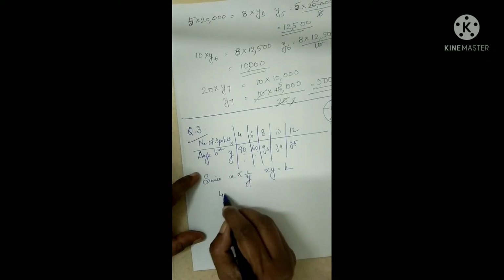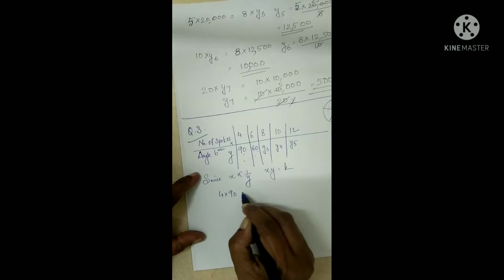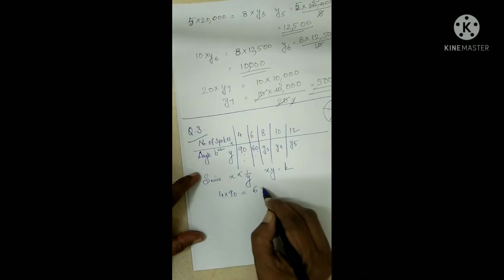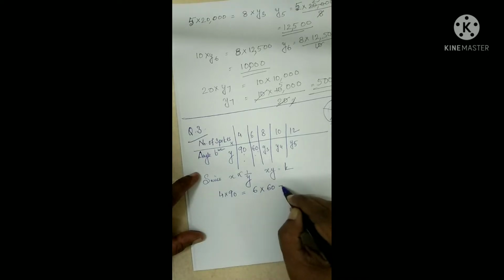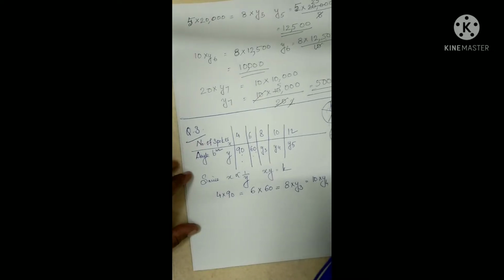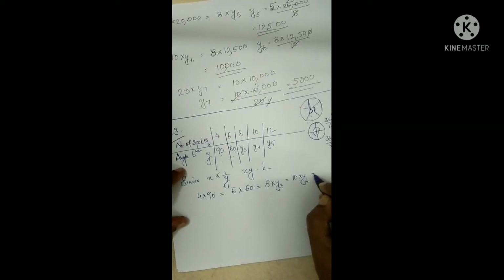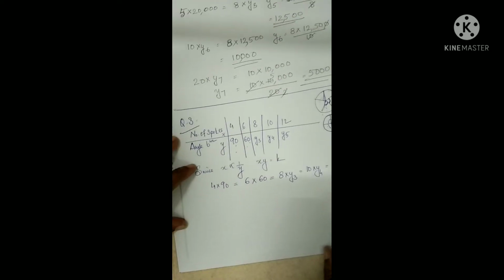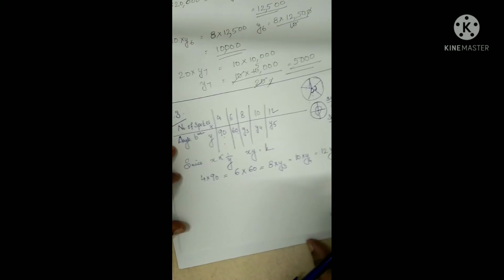So, 4 into 90 is equal to 6 into 60 is equal to 8 into y3 is equal to 10 into y4 is equal to 12 into y5. From here you need to find out all the unknown numbers.